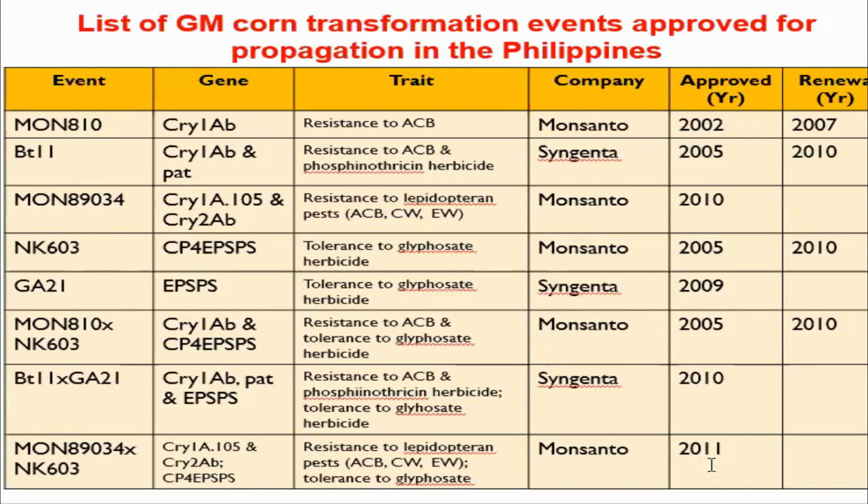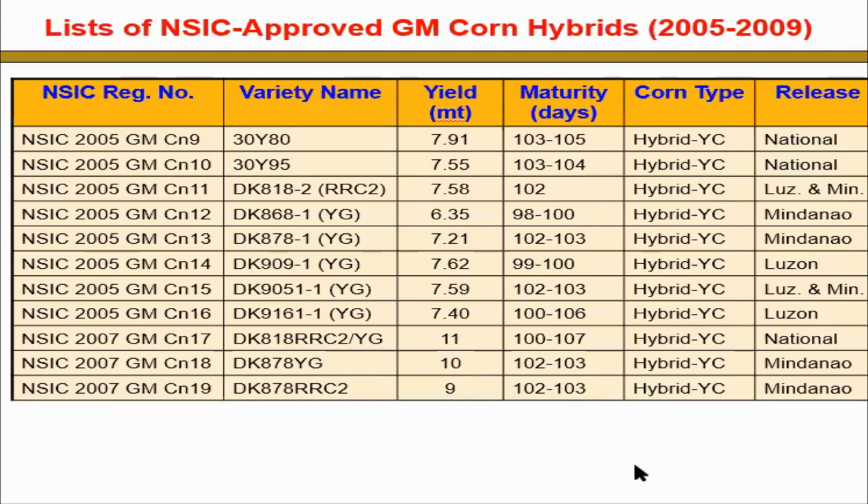Okay, we also have the continuation of this, the list of NSIC approved GM corn hybrids from 2005 to 2009, and these are the different NSIC registrations. All the imported seeds or Bt seeds should undergo NSIC registration as one of the regulatory functions of the BPI.